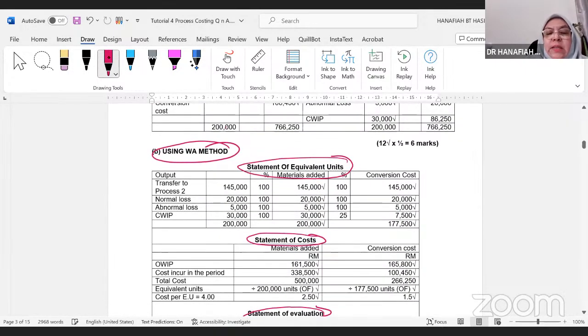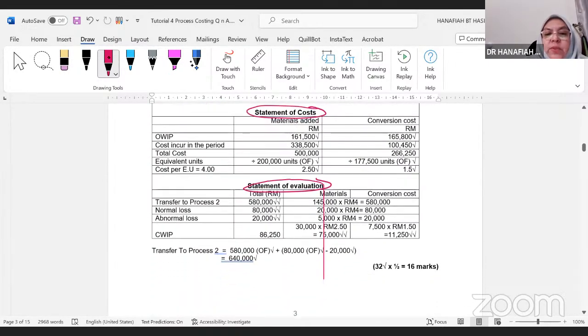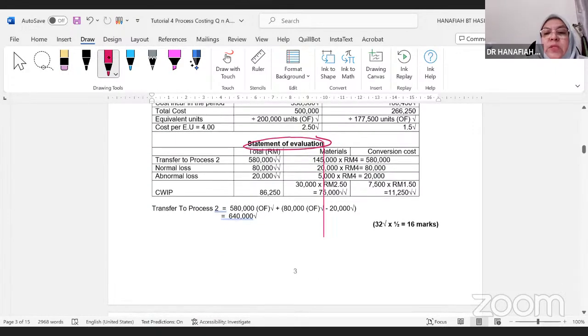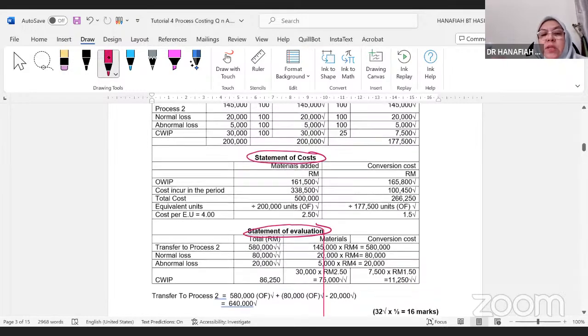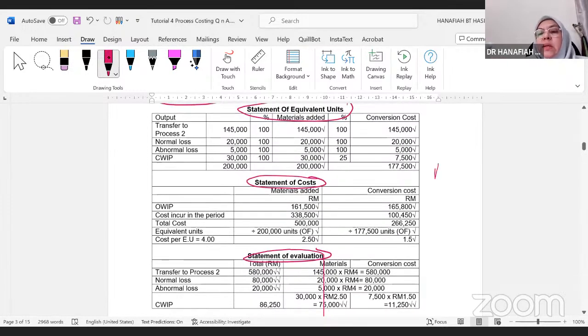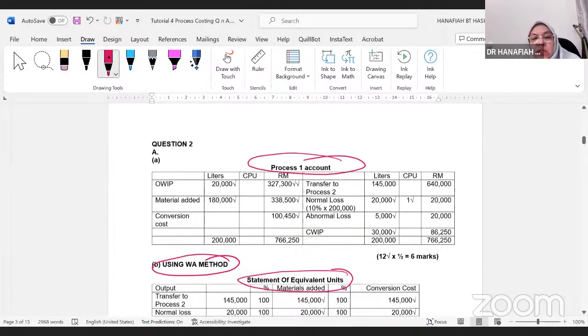When you do this statement of evaluation, you have to bear in mind the cost, whether you are using Avco or FIFO. Since the question mentioned you use Avco, focus on the example from the slide. Start from the F4, right?